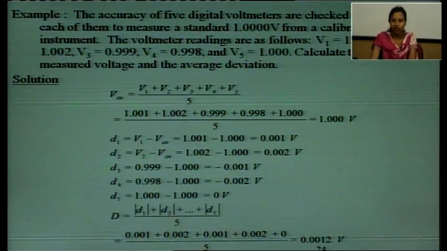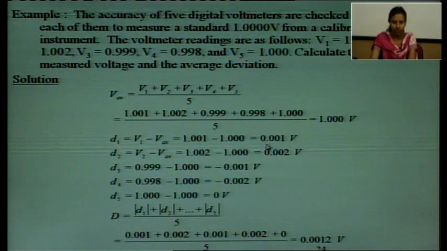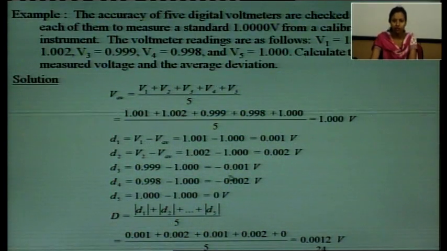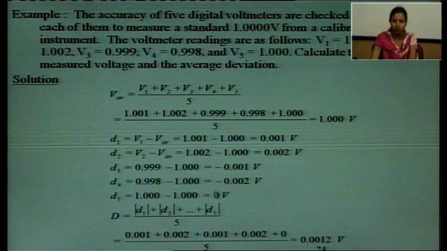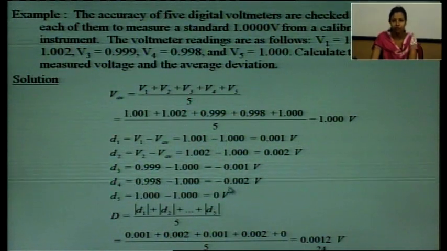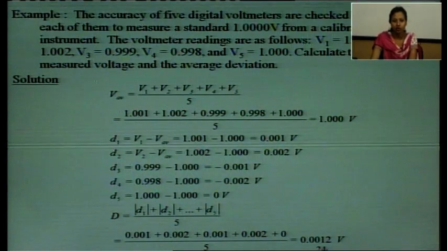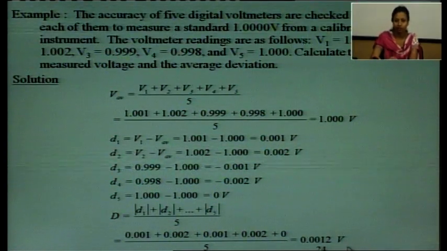The absolute value for the first reading is 0.001, for the second it is 0.002, the third, after neglecting the minus sign, is also 0.001 because we are taking absolute values, the fourth is 0.002 and the fifth is 0. So the average deviation is equal to 0.0012 volt.